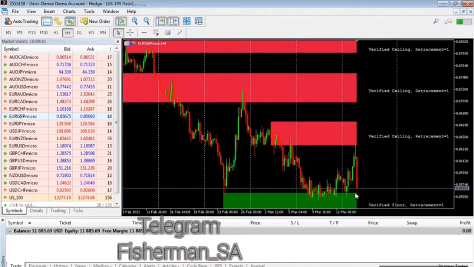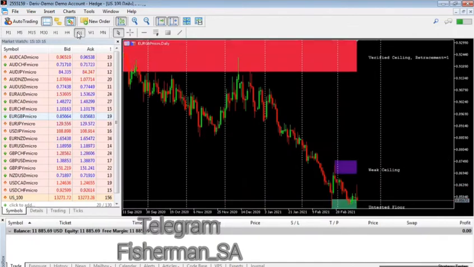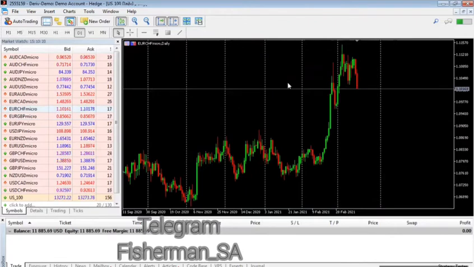Okay, this one, see, this is not good, but should it touch this point, this is a good, look at this, a verified support zone, more than once, verified. So if it touches that, it could potentially be going back for a buy. As we know, the market moves in quite a few phases.